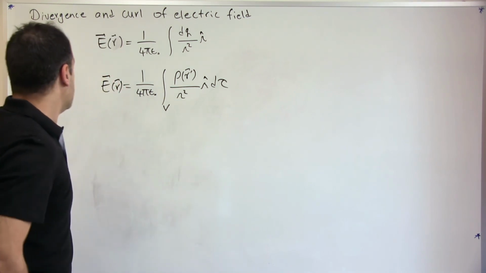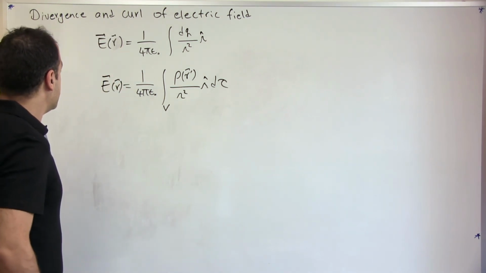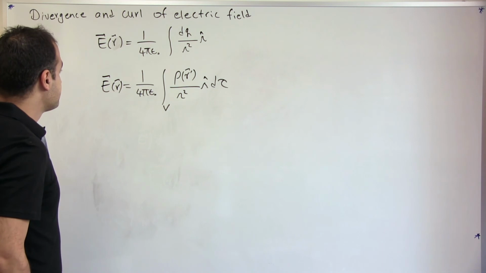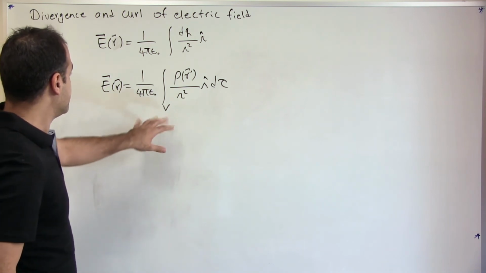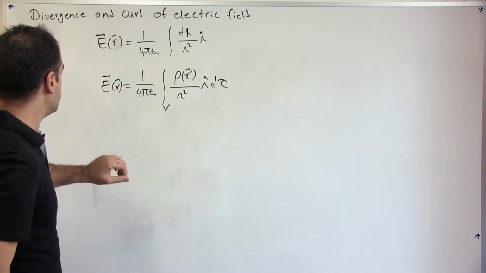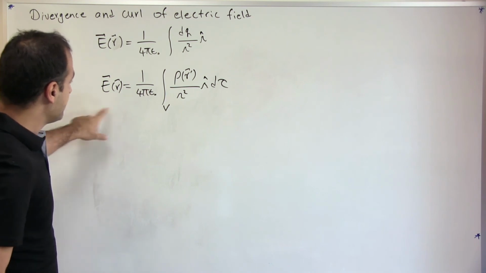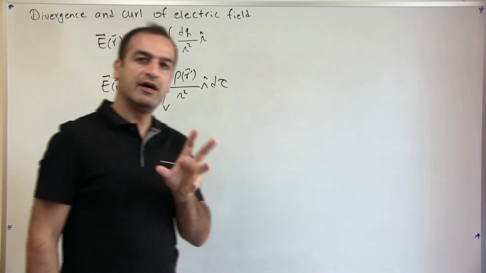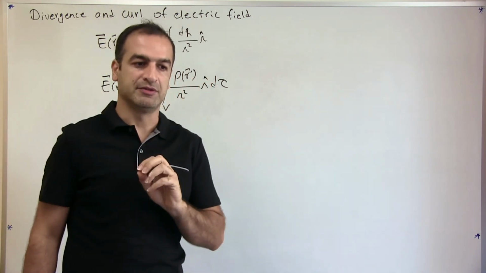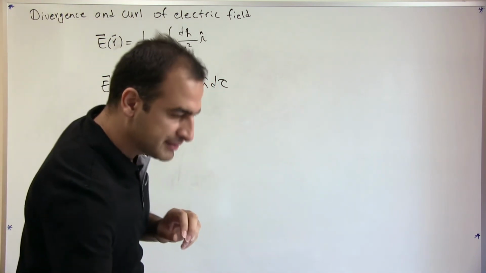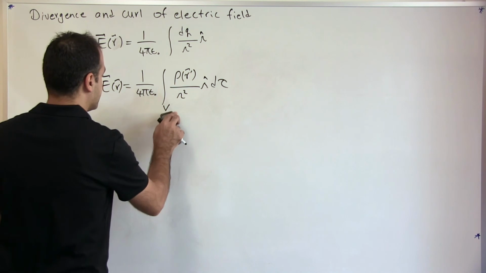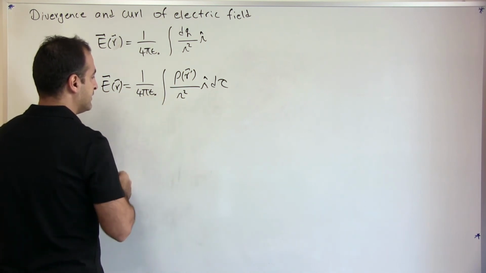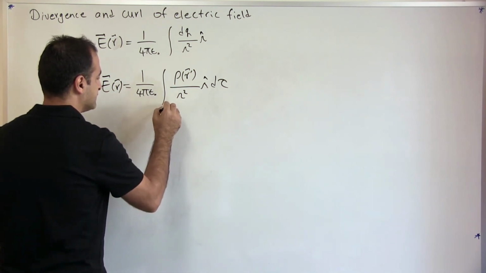Okay, and now following this, I want to do one modification first. This integral, the limit is over the volume that we have charge distribution. I'm going to ask you, does it make any difference if I change the limit to all space?